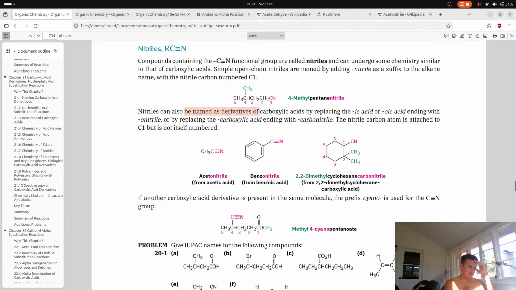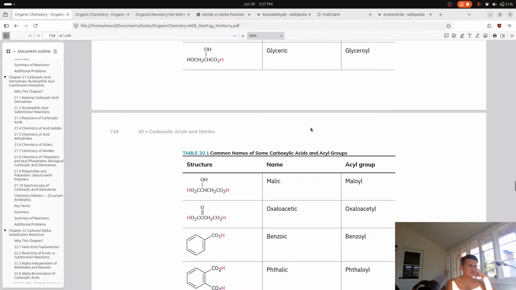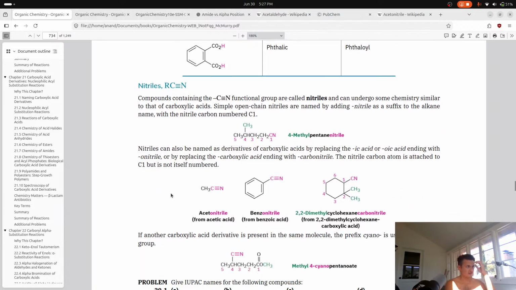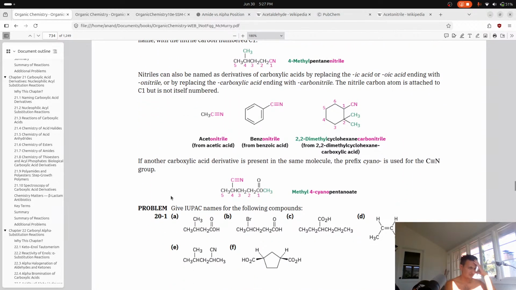Nitriles can also be named as derivatives of carboxylic acids by replacing the ic acid or oic acid ending with o-nitrile, or by replacing the carboxylic acid ending with carbonitrile. The nitrile carbon atom is attached to C1, but is not itself numbered. 2,2-dimethyl cyclohexane carbonitrile.